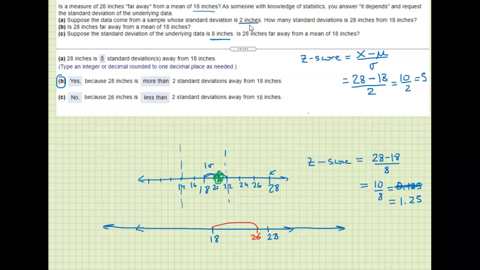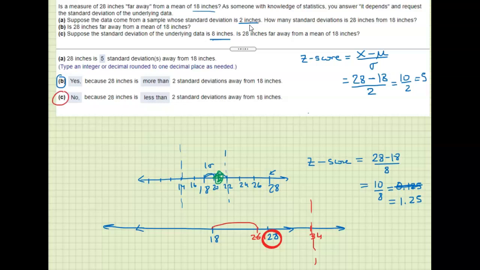And the next, 26 plus 8 is 34, that's 2 standard deviations. So because 28 is smaller than 2 standard deviations away from the center, 28 is not far away from the mean.